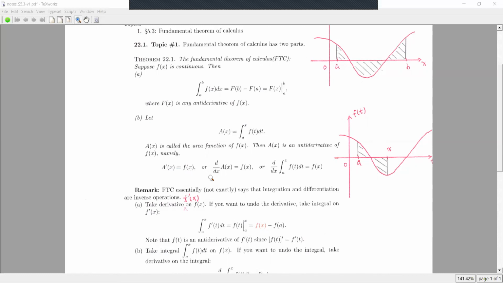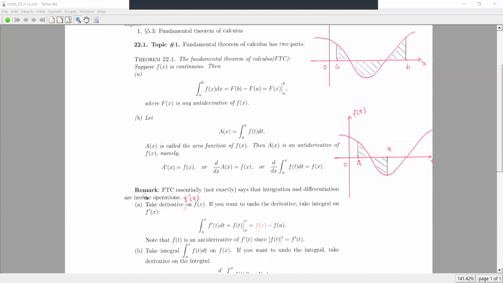The other notation, if we use d over dx notation, then this equation is this equation. If we replace A by the integral, then this equation is this equation. This is the fundamental theorem of calculus. It has two parts.